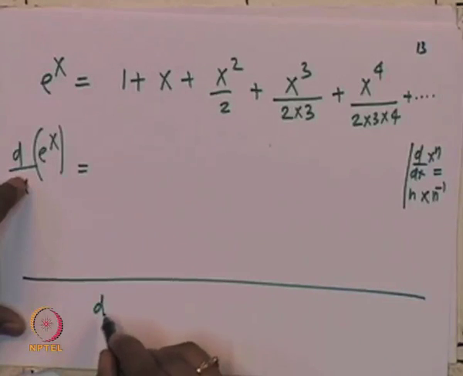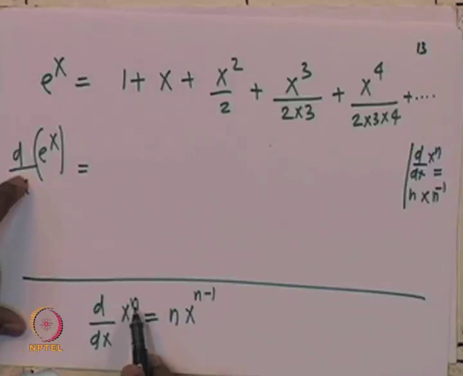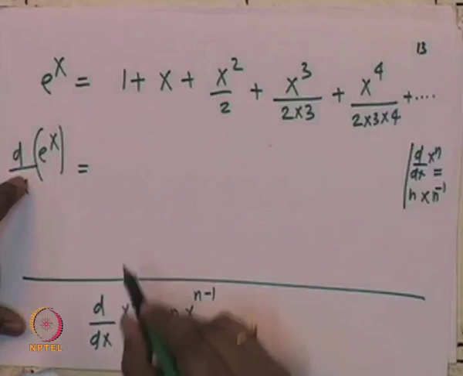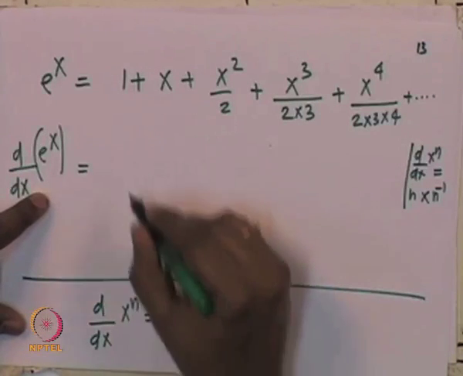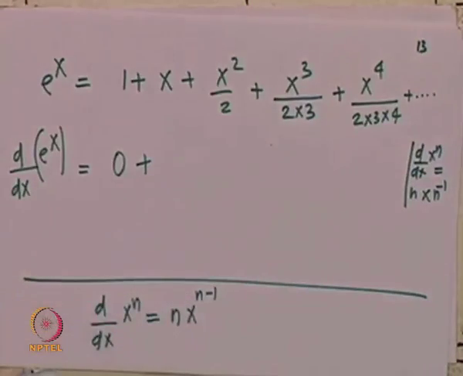When n is equal to 0, you get x power 0, which is 1, and the derivative is 0. So the derivative of 1 is 0. This is the derivative corresponding to 1.